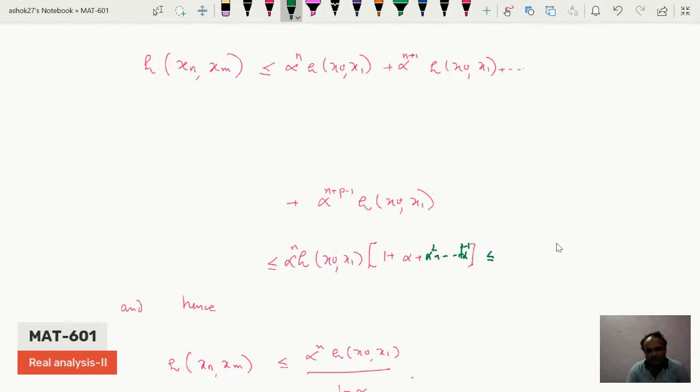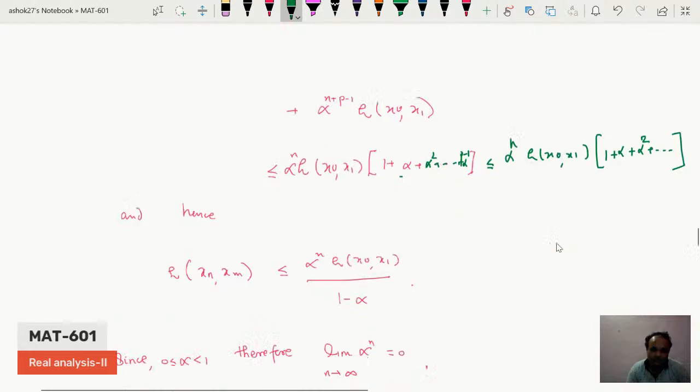This is again less than or equal to alpha raised to n times rho of x0 x1. I am considering an infinite number of points instead of a finite number of terms, so if I add infinite terms, the right side will be greater. So in the bracket it will be 1 plus alpha plus alpha squared and so on to infinity. You can replace the addition of finite terms by the addition of infinite terms, and the resulting side will be greater than or equal, so we get this inequality.